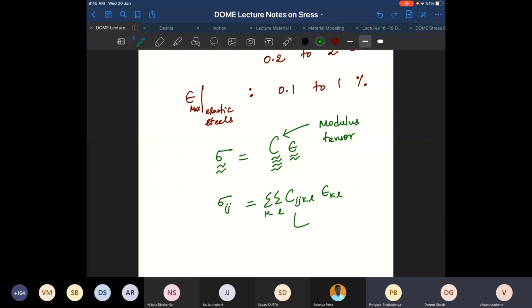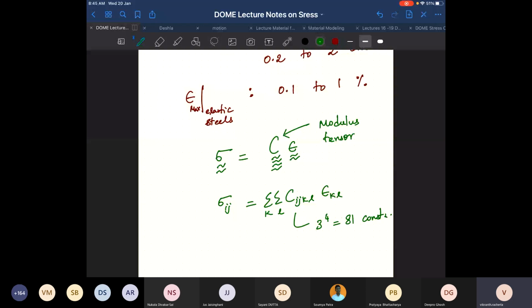So 81. This has 3 to the power of 4 equal to 81 constants. But then they are not all independent. Just from symmetry, you get rid of a lot of them.